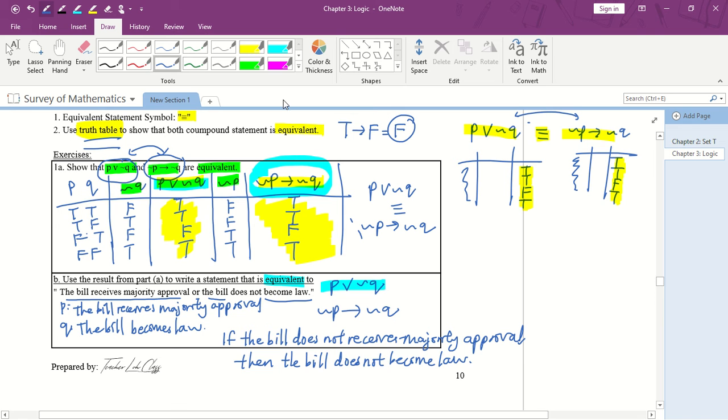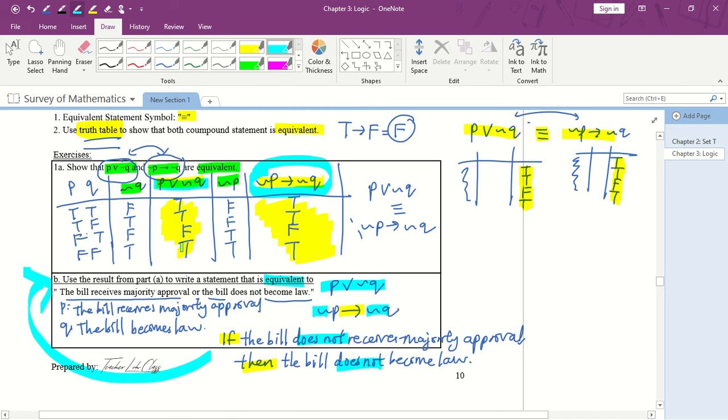Okay, so let's check. We have this conditional, so we have if and then, and since we have negation, so we have negation here. So that is our answer. If the bill does not receive majority approval, then the bill does not become law, which means that it has the same meaning as the one here: the bill receives majority approval or the bill does not become law.